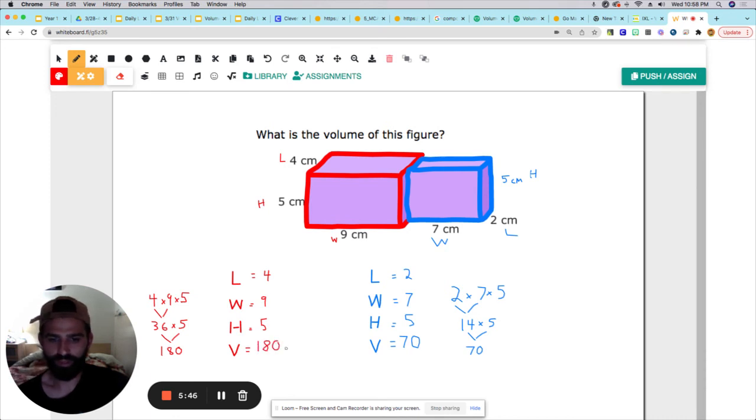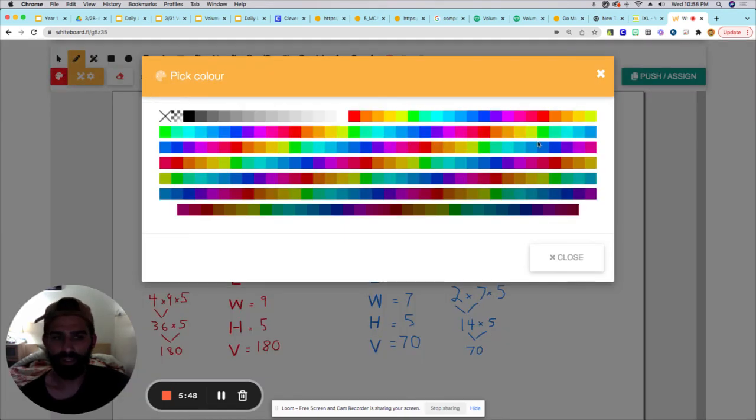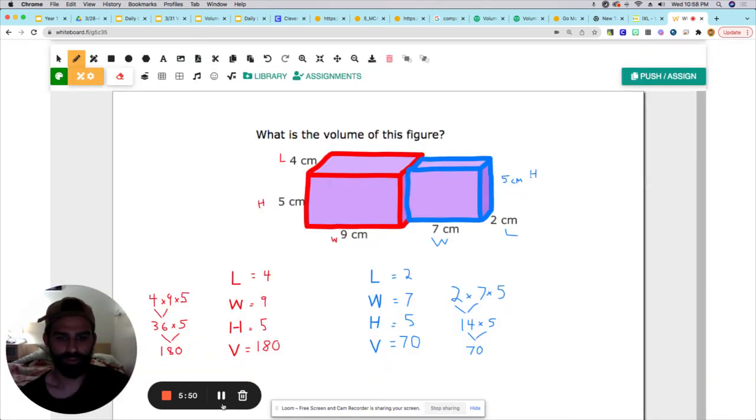Okay, so now for the next part, I'm going to take out a green. I'm going to take this volume and this volume and just add them up. So 180 plus 70. 0. Then 8 plus 7 gives me 15. I carry the 1 plus 1, that's 2.